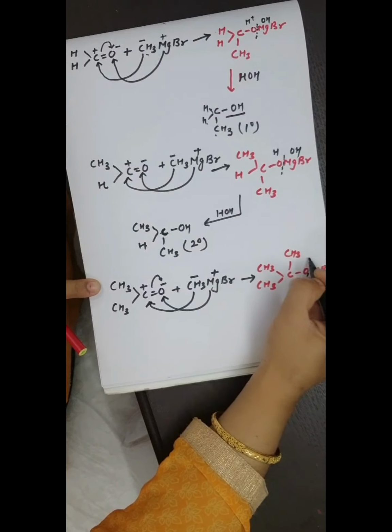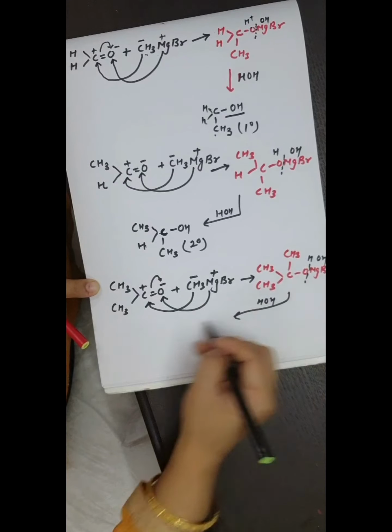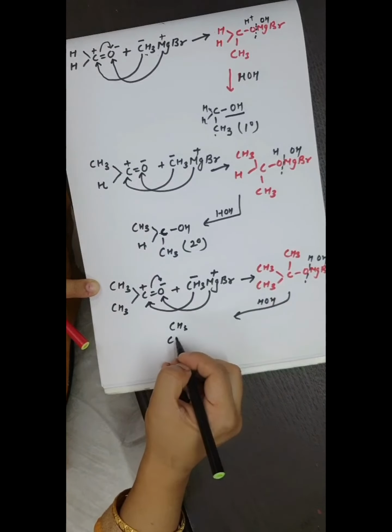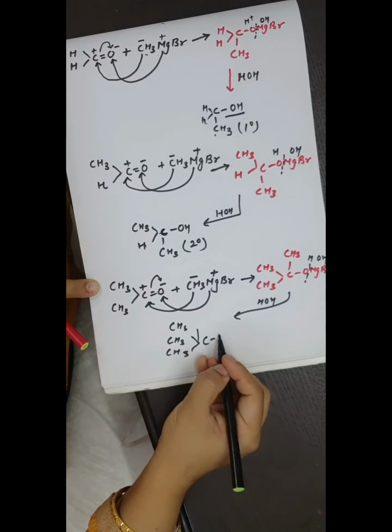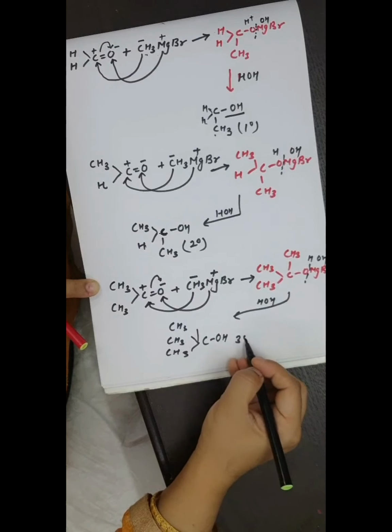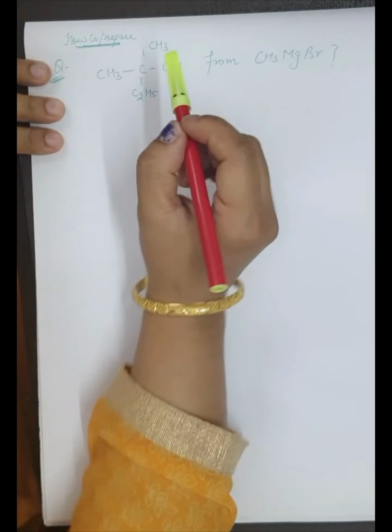Bond will break from this side, H and OH, and we will get tertiary alcohol, COH, tertiary alcohol.